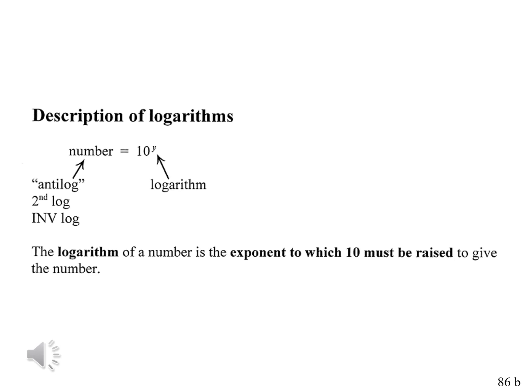So the log base 10 of 100 would be 2. What is the anti-log of 2? That would equal 10 squared, or 100. These are inverse functions. And so that's how logarithms actually work.